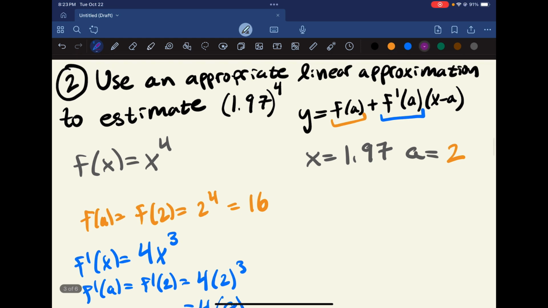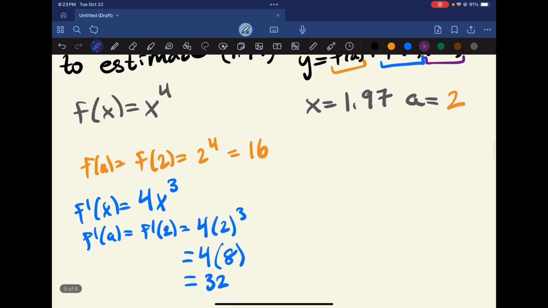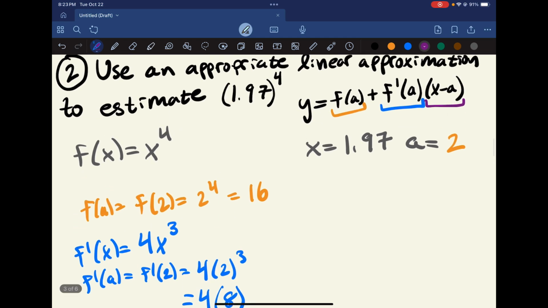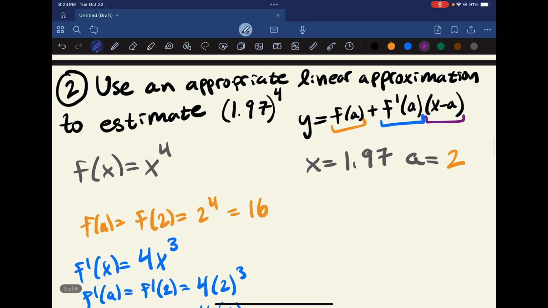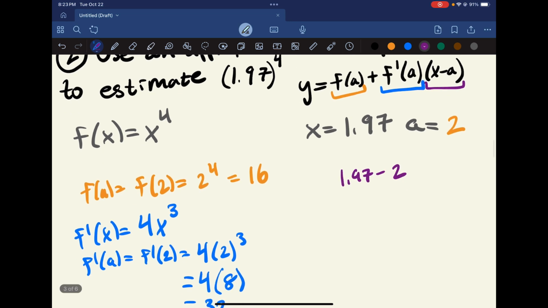And then finally, x minus a. We said our x is 1.97, and our a is 2, so that is negative 0.03.